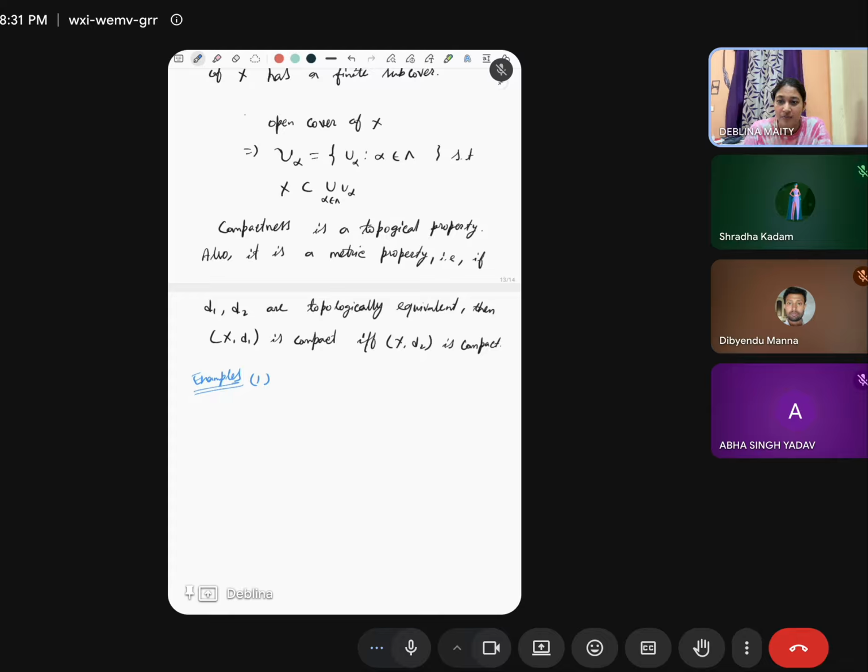Balls may be different for different metric spaces, but the collection of open sets may be the same. We have seen that for R with the usual metric and with the discrete metric, the metrics are different, but the topology is the same. The topology means the collection of open sets is the same, though the distances may be different.